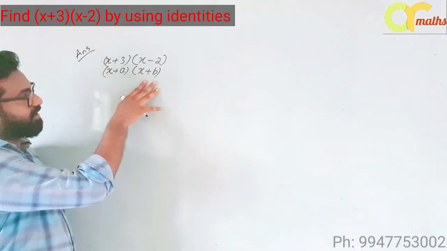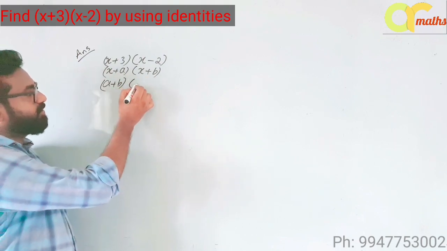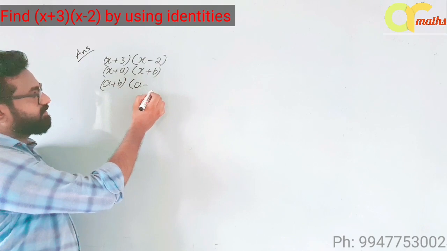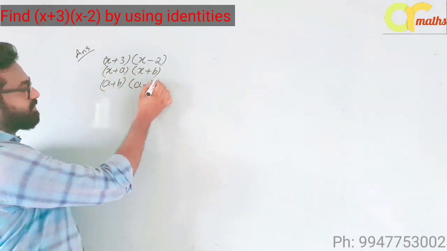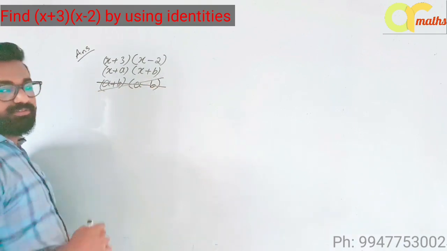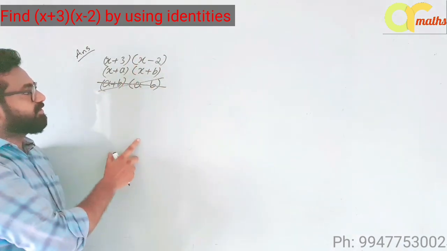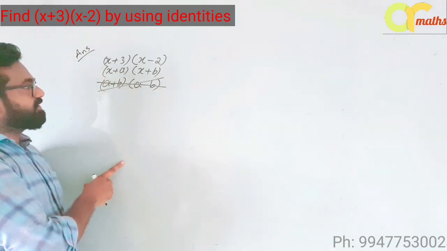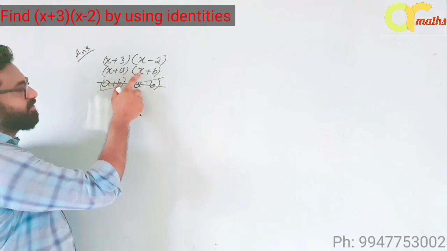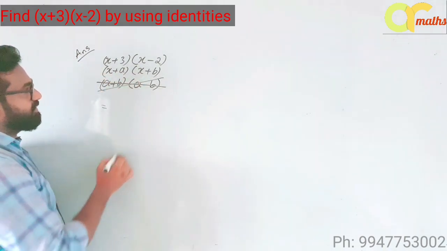You may have some doubt: is it in the form of a plus b into a minus b? No. Here you cannot use a plus b into a minus b. Clear? Both are different numbers. So you cannot use a plus b into a minus b; it is in the form of x plus a into x plus b. What is x plus a into x plus b? That is x square.